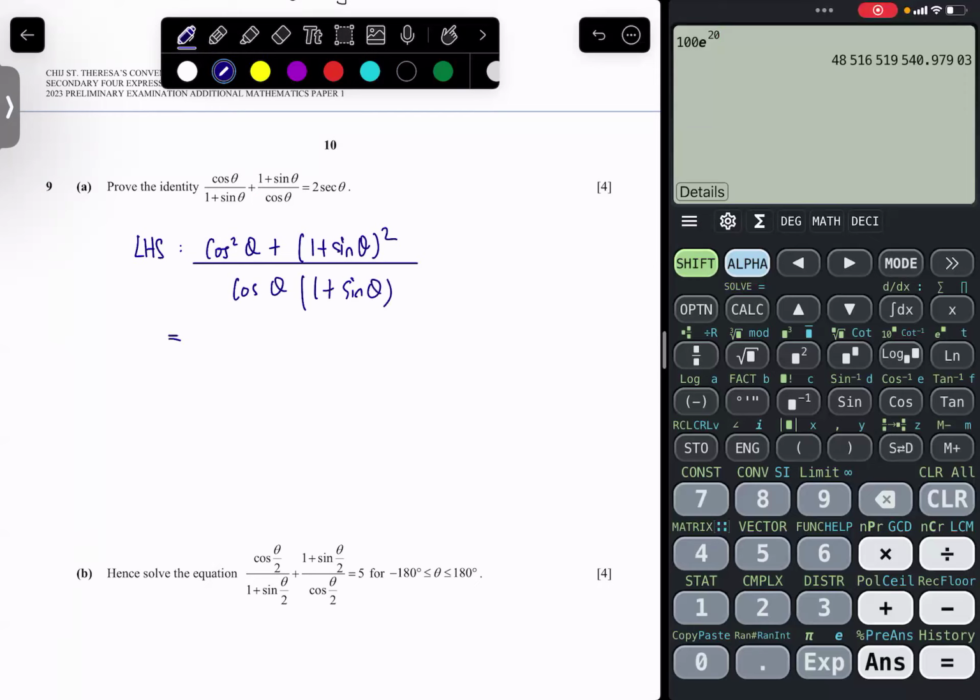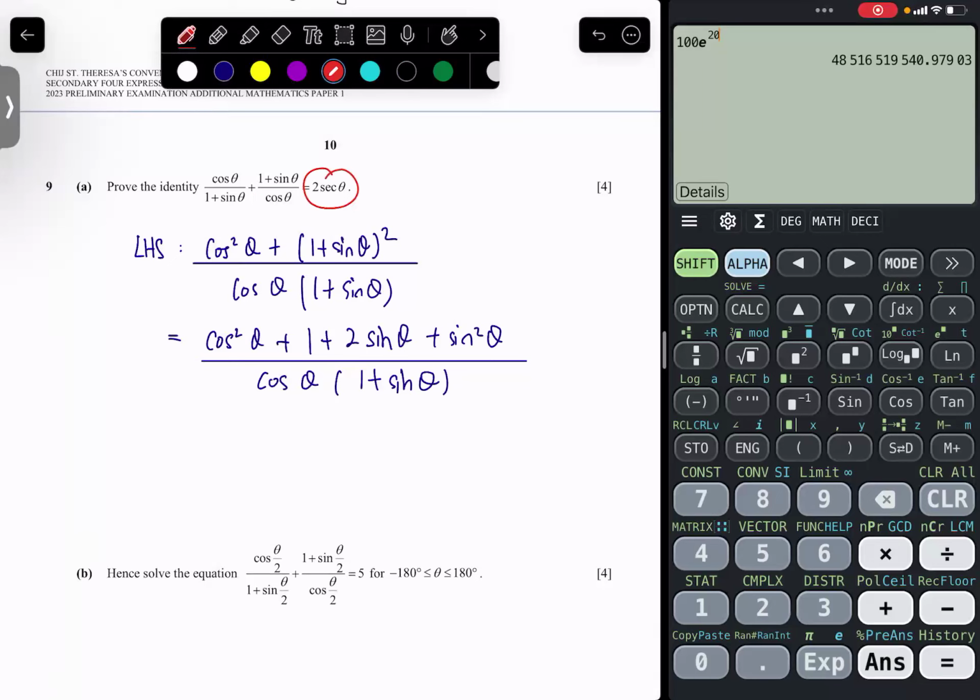Then we have the expansion: cos squared theta plus 1 plus 2 sine theta plus sine squared theta over cos theta bracket 1 plus sine theta. Now, some people ask why I don't expand it.